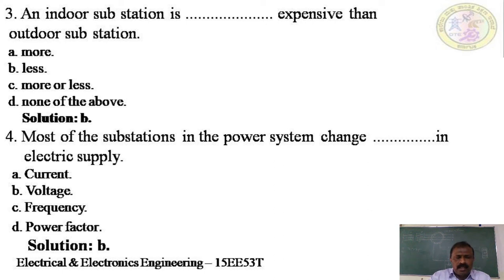The options are A, current; B, voltage; C, frequency; and D, power factor. Most substations in the power system change only the voltage magnitudes, because in the power system the voltage starts at 11 and ends at 11, and in between we have different voltage magnitudes. Therefore most substations change the voltage. Hence the solution is B, voltage.